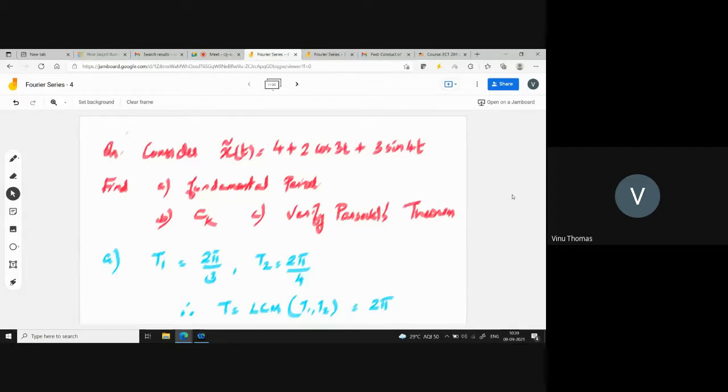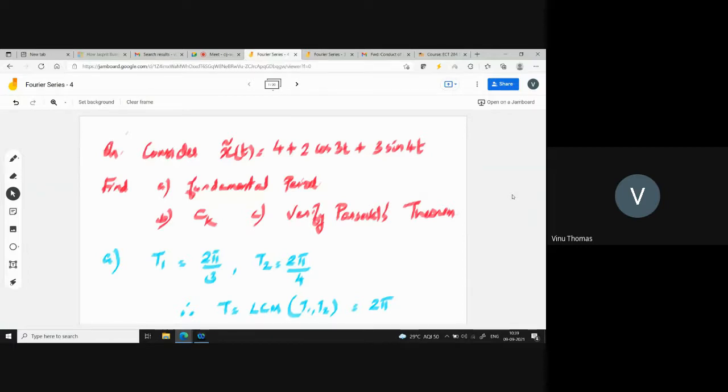So first of all, for this question, we will find out the fundamental period. This is something that we had discussed previously in the initial classes. You have a constant given by 4, a cosine wave of frequency 3 and a sine wave of frequency 4.